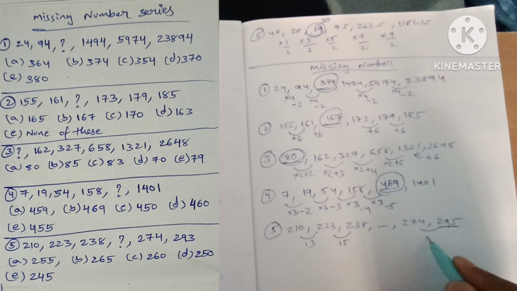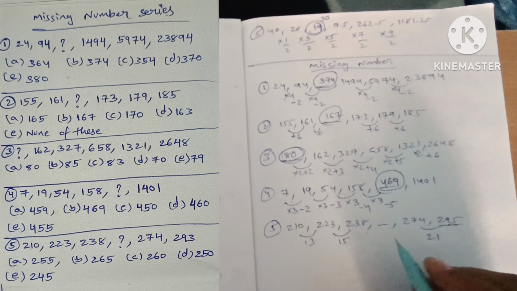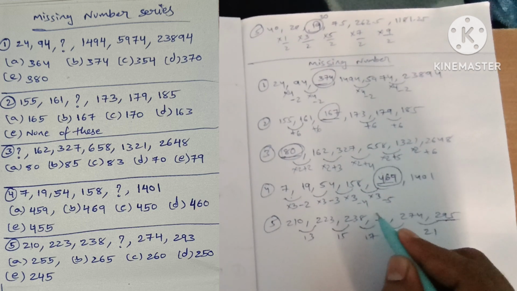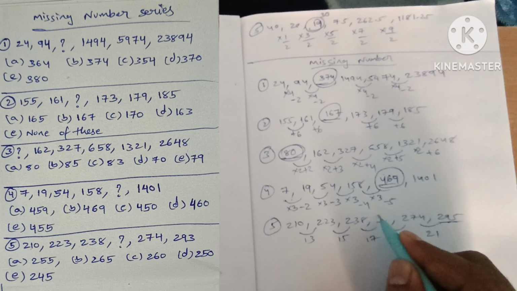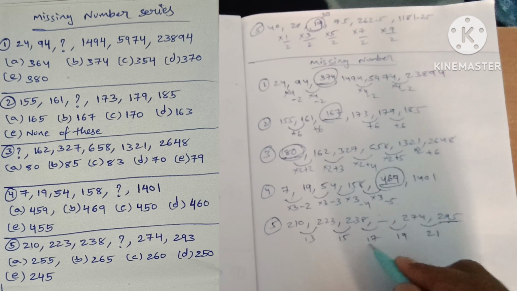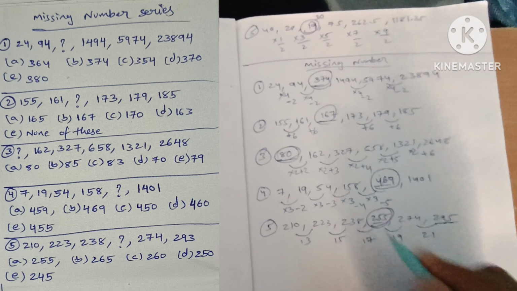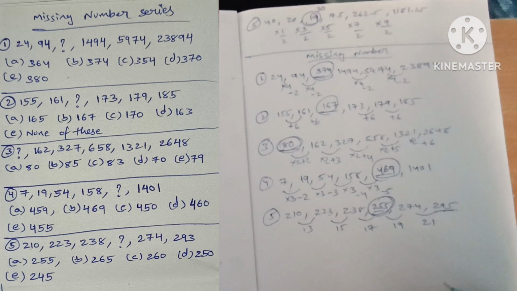This is 21. So this must be 17 and this must be 19. So we get 238 plus 17, 255. This is our answer. 255 is our answer.